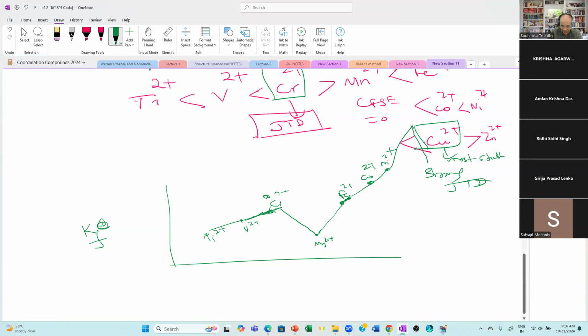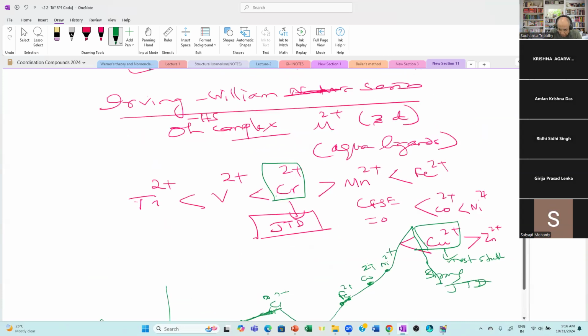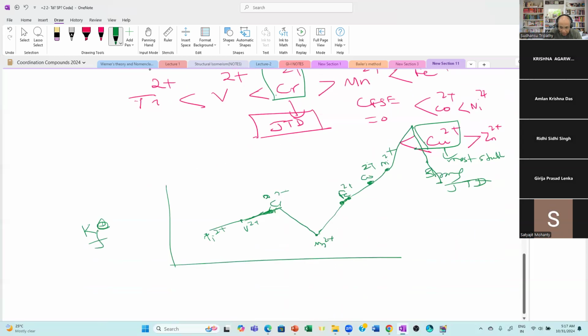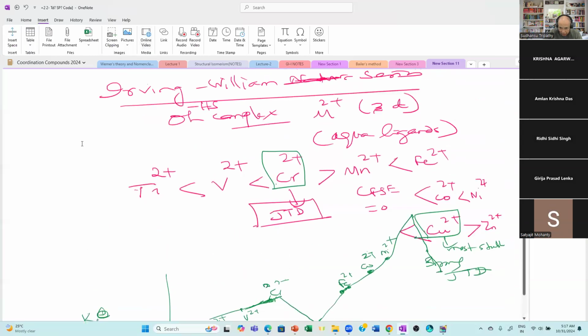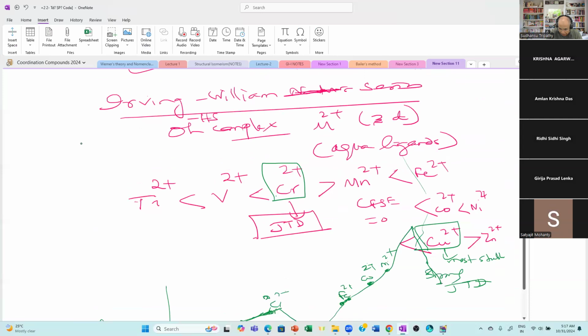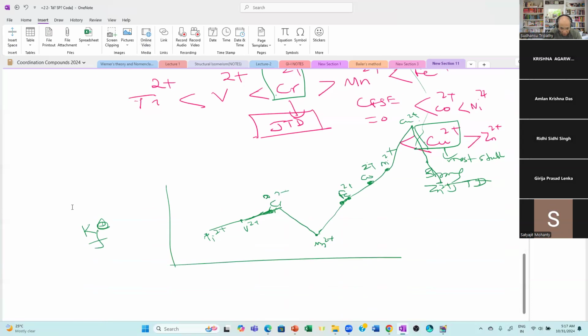Then copper sits here, then zinc. Zinc is less stable. So zinc comes down. This is zinc. This is copper 2+. So I can show you, this is the atomic number.